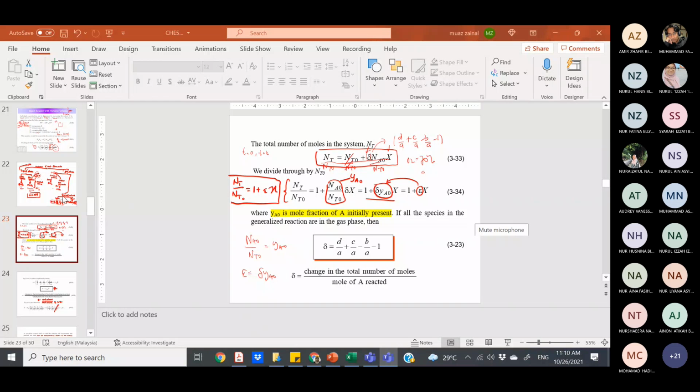Still slide 23 kan? Ya, still lag. Masih lag doktor.